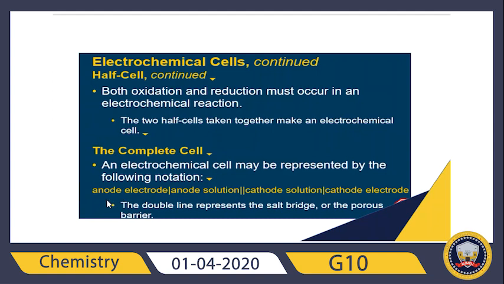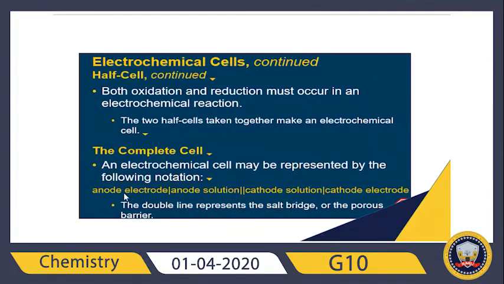As we said, each electrochemical cell is made up of what? Of an anode immersed in a solution, and a cathode immersed in a solution, separated by what? By the salt bridge or the porous membrane, and at the end all of this is connected by an electrical wire that will transfer the electrons between the anode and the cathode.